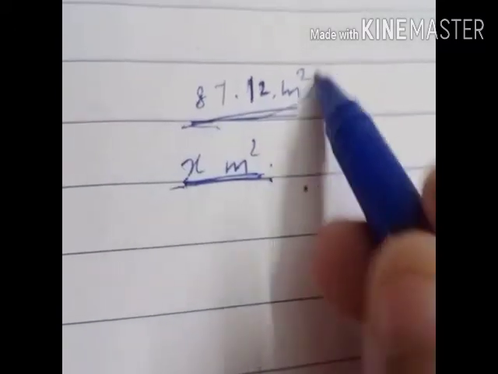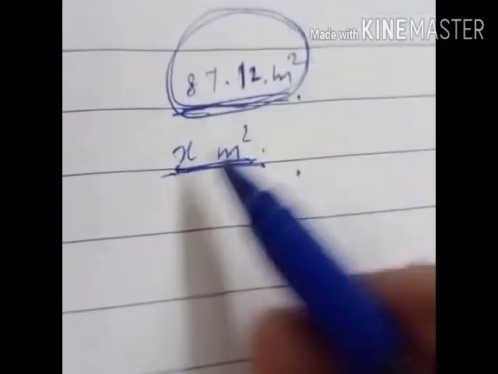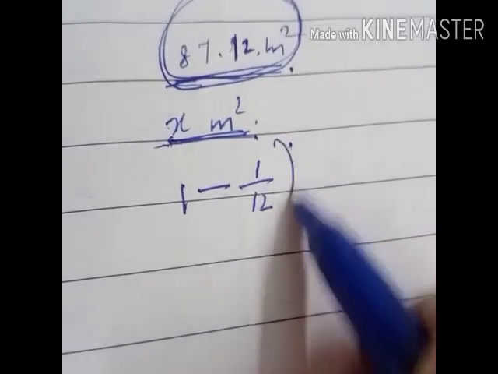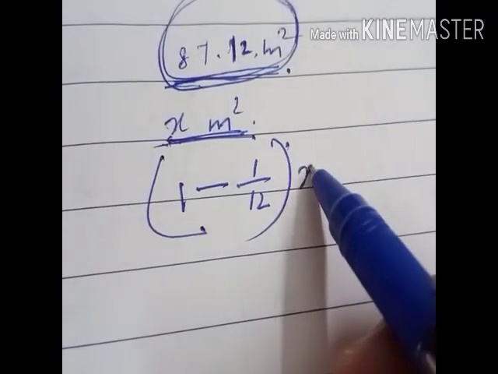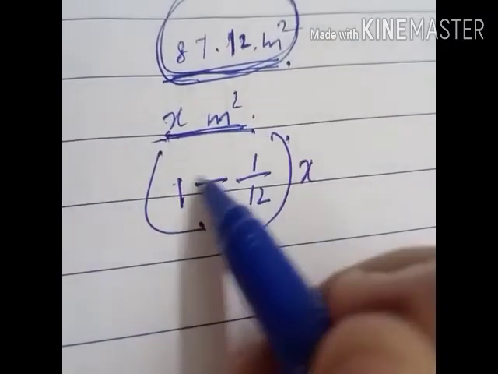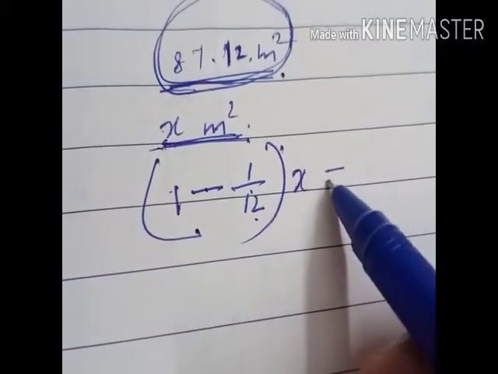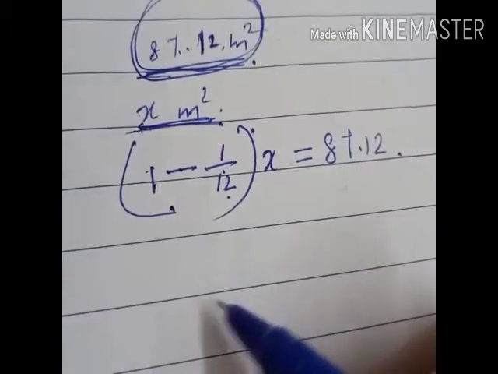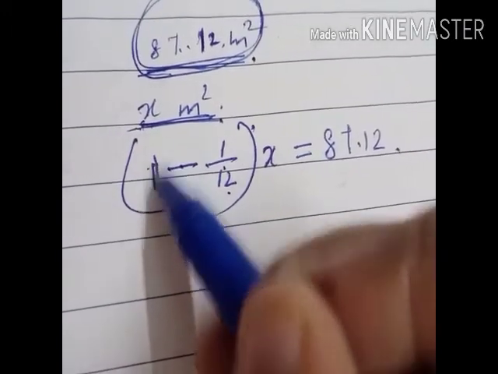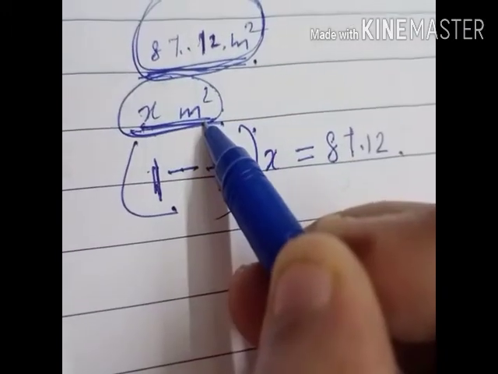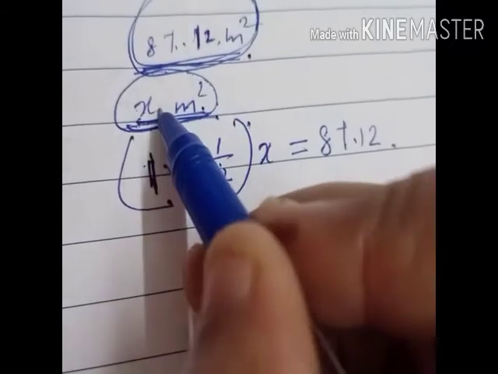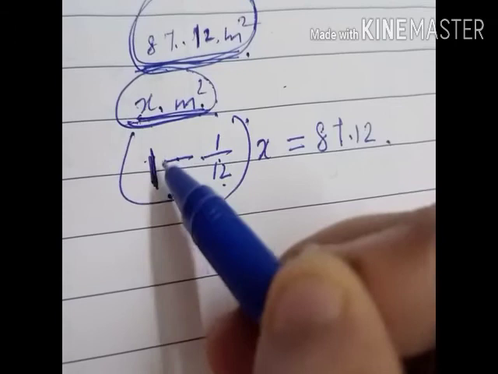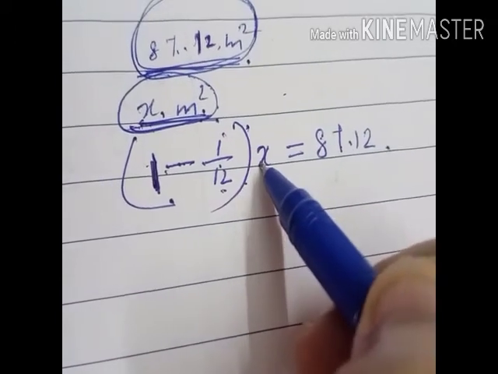So the required steel is 1 minus 1/12 of x. This is the material used for making the tank. Its 1/12 is wastage, so the actual usage is 1 minus 1/12 of x.